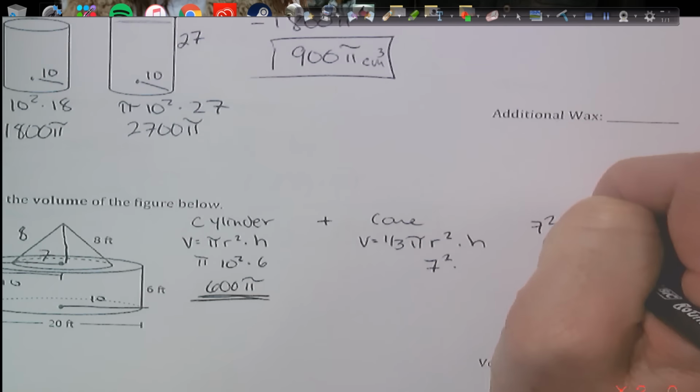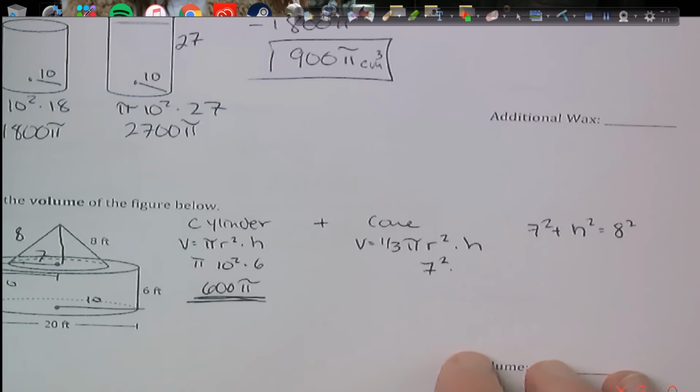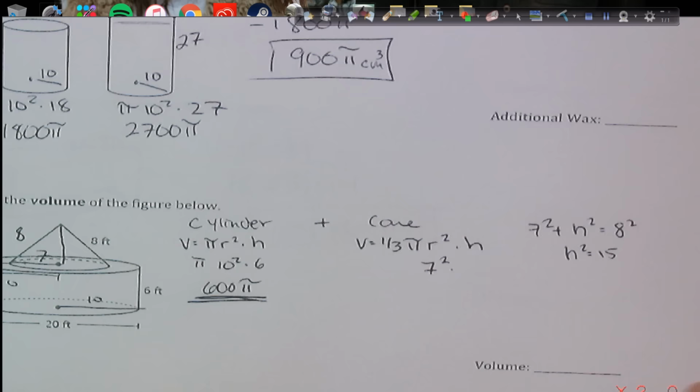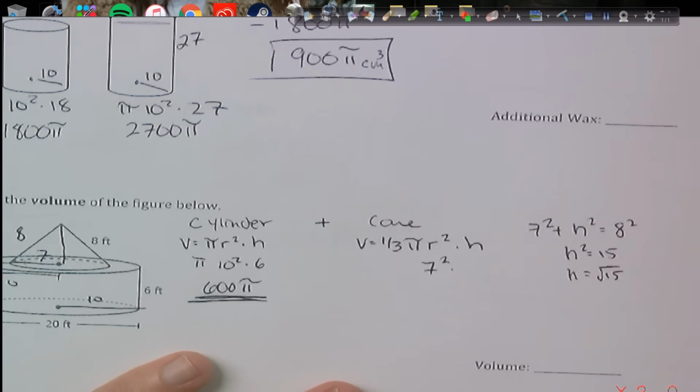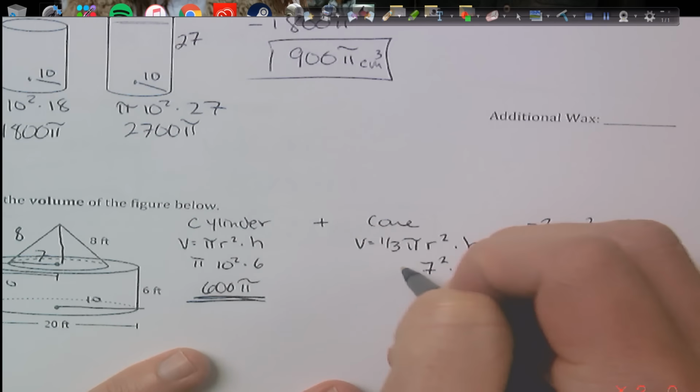So 7 squared plus h squared equals 8 squared. I'm going to evaluate that in my calculator. Okay, so h squared equals 15. So I'm just going to call h the square root of 15 because it's not a perfect square. We'll have to plug that into our calculator.